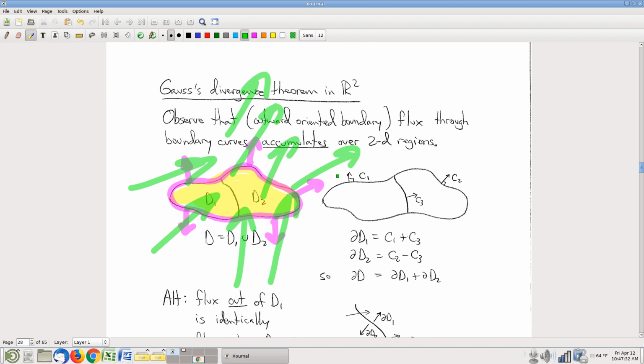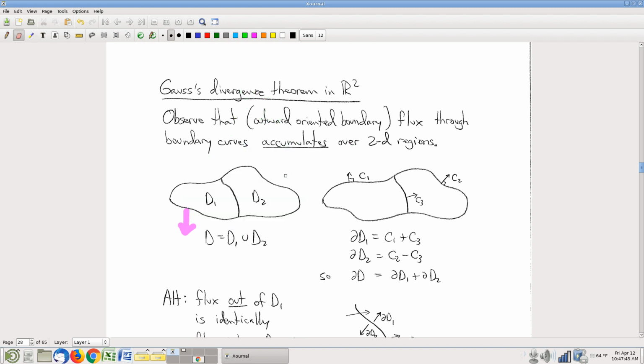What's the bird flow out of our region? Can we relate that boundary flux to some integral over the solid, over the two-dimensional region? So the way we're going to approach this is to view this as an accumulation. So first of all, does this flux accumulate?